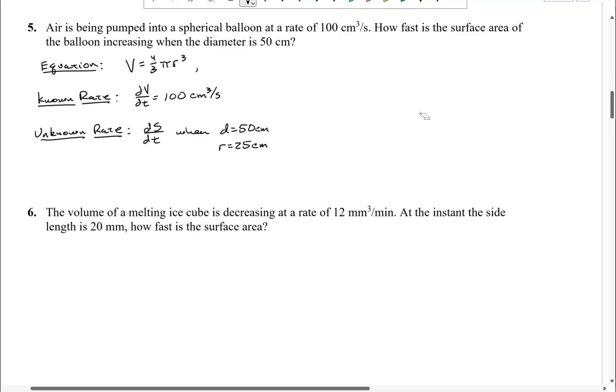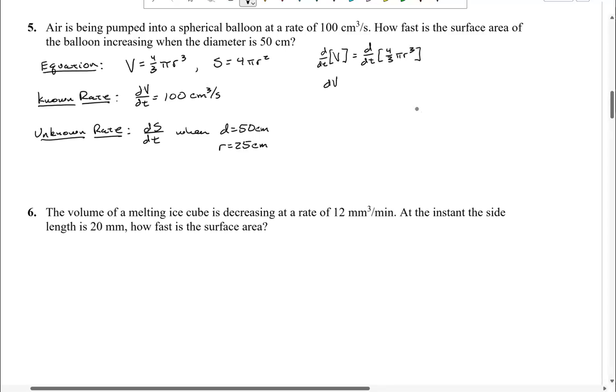The equation for the surface area of a sphere is S equals 4 pi r squared. Now the problem here is we're trying to answer a question involving surface area, but they've given us information about the rate of change in the volume. So let's start with our equation for volume and see what happens when we take a derivative with respect to t on both sides.